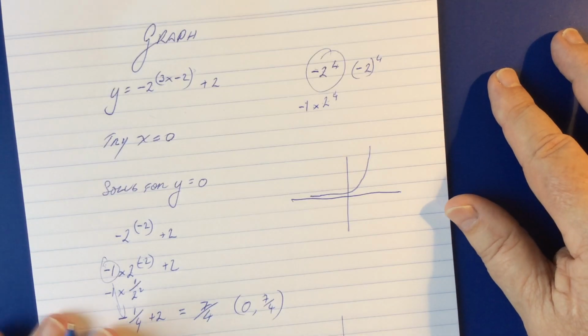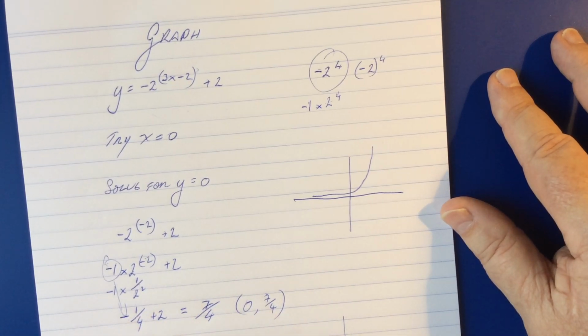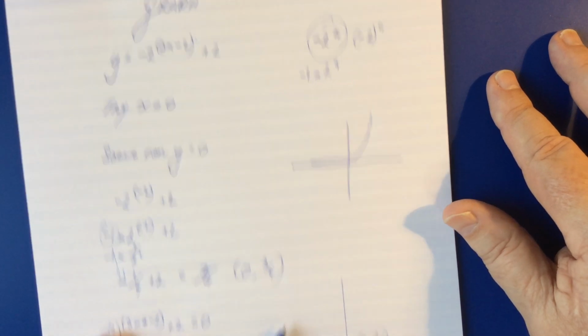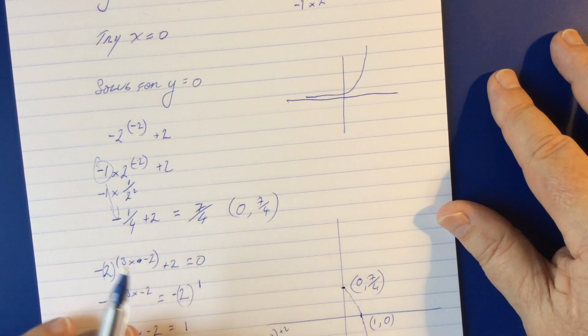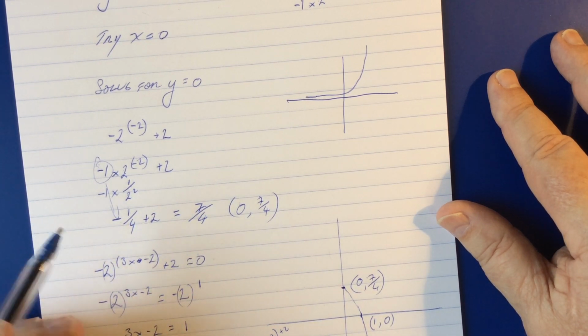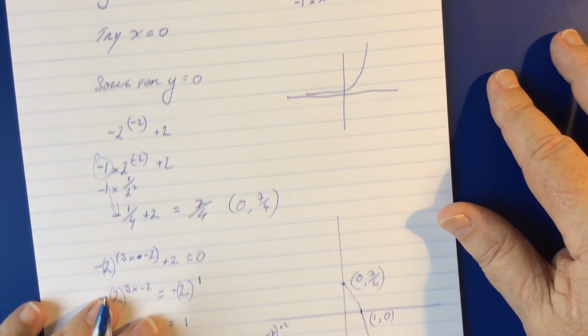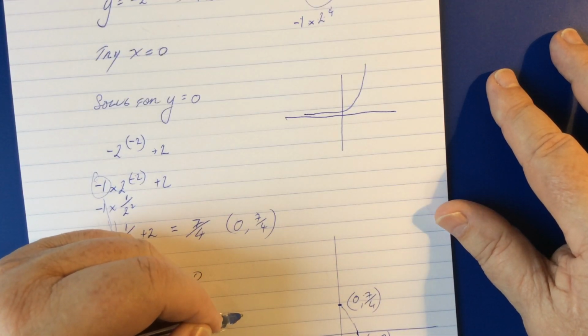Now there's one other thing to consider. What happens over here? Well, you can put negative 1 into this and see what happens. If we do that, let me find some space here.